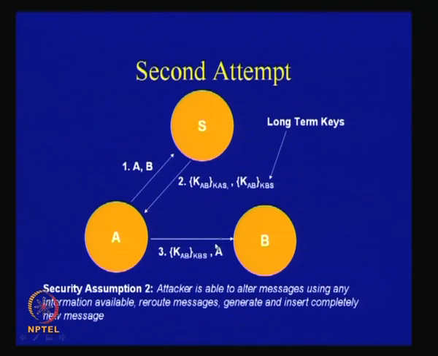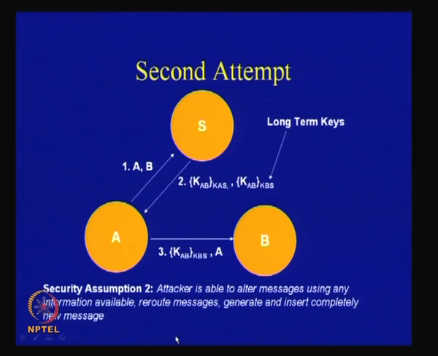The other part of the traffic, that is KAB encrypted by KBS, it just communicates as a ciphertext along with the identifier A. From the face of this we know that the previous problem is alleviated, that is, the key is not being transferred in clear, and also B is aware of the fact that it is establishing the key with A. So, this is definitely a better protocol than the previous one, but still it is vulnerable to attacks.